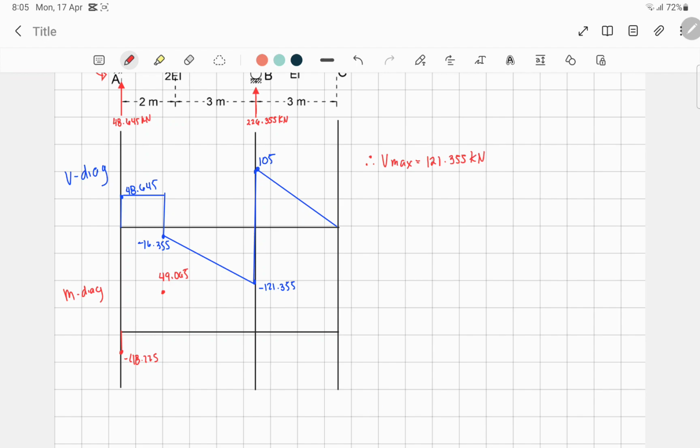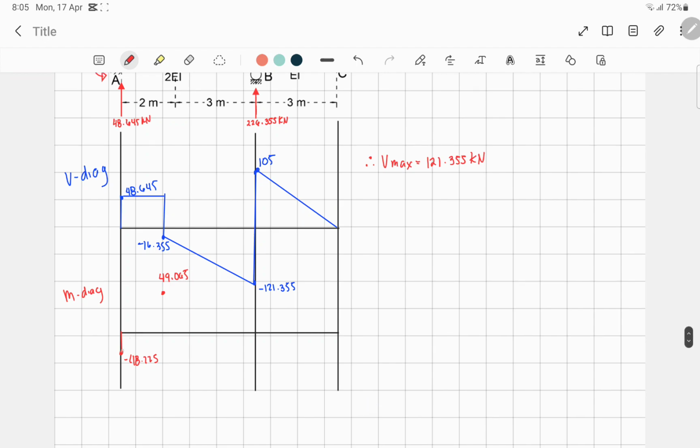So, yan dapat siya. Since 0 degree curve, 0 degree, and therefore this is 1 degree. And then, next, since yung load natin dito sa shear diagram or yung area dyan is for trapezoidal, therefore, the moment here plus the area of this trapezoid.